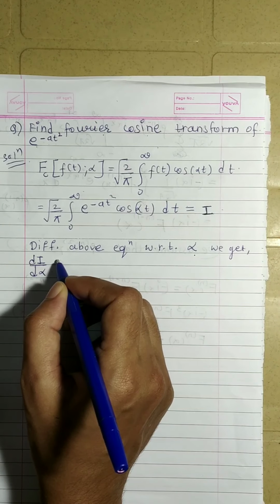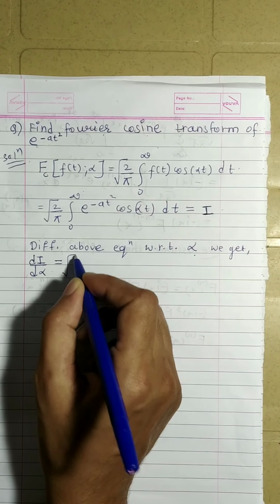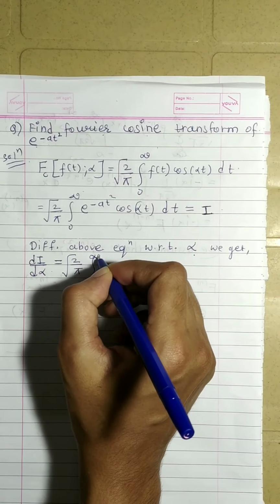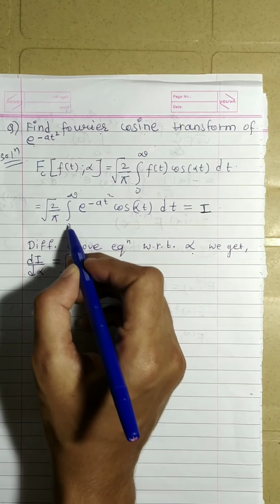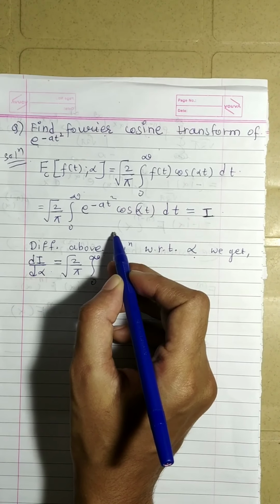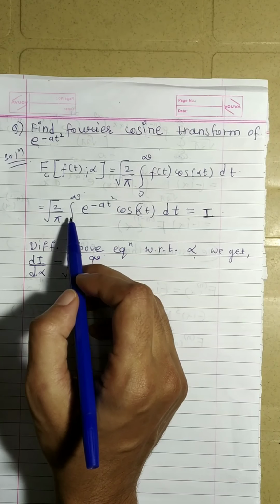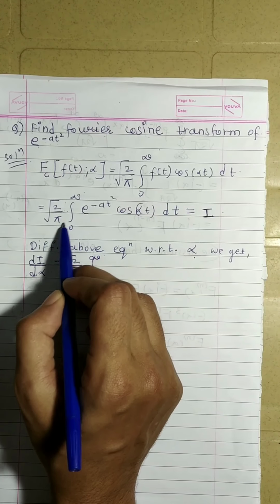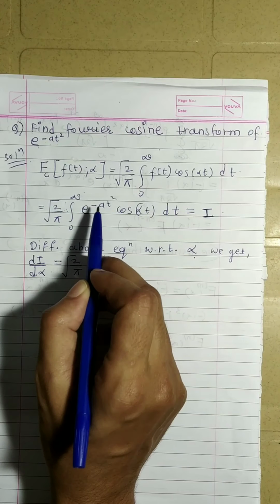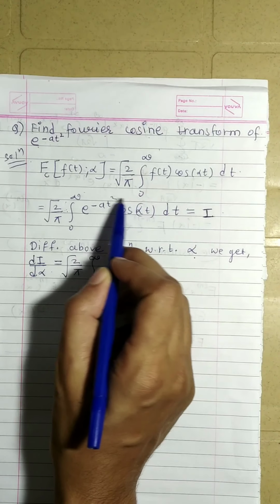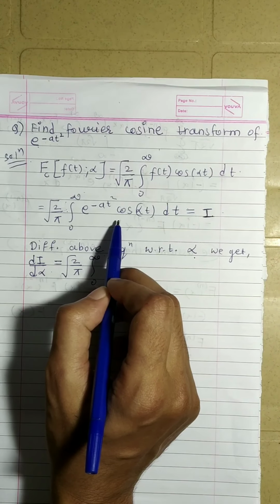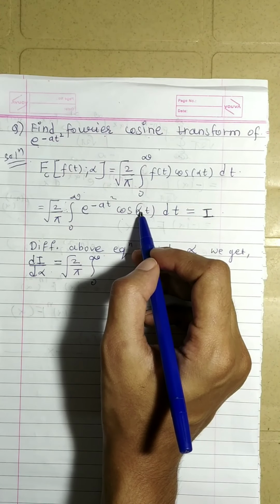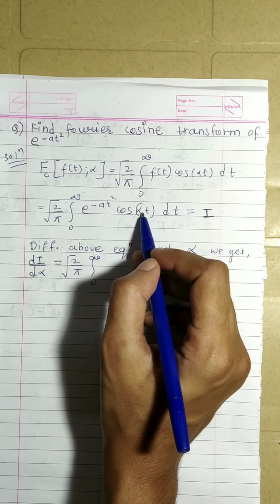So when we differentiate it with respect to alpha, we get root of 2 upon pi, integral from 0 to infinity. We want to differentiate this with respect to alpha. By using the Leibniz rule, we will have to differentiate this, so take it inside and partially differentiate this function with respect to alpha. So what will it be? Here we have this, which is a function of alpha.